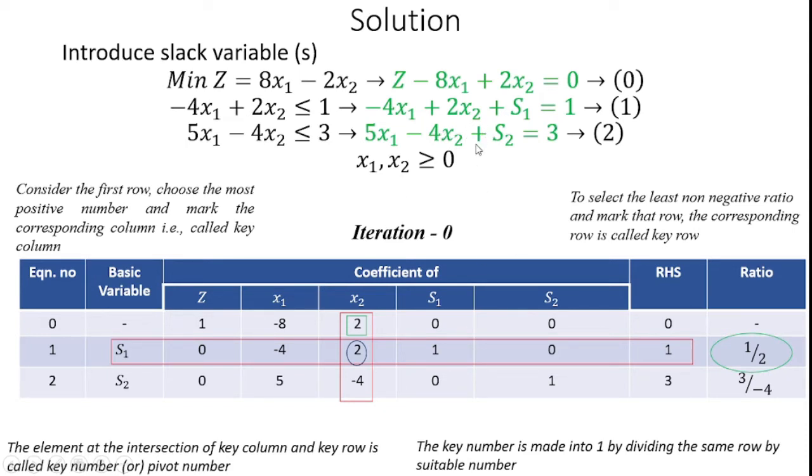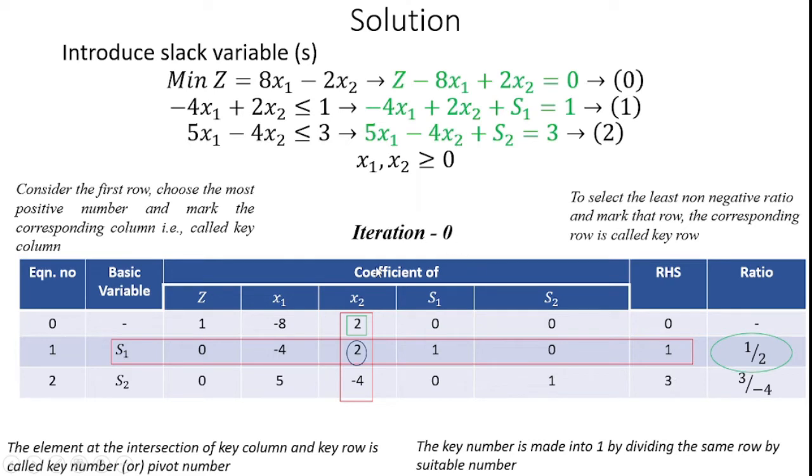Here there is no s1 value available, so I place the coefficient of s1 as 0. In this equation there is s2 available, so I collect the 1 as the coefficient of s2 and place it in the respective cell in the iteration 0 table. Then this equation has the right hand side value 3, so I place 3.